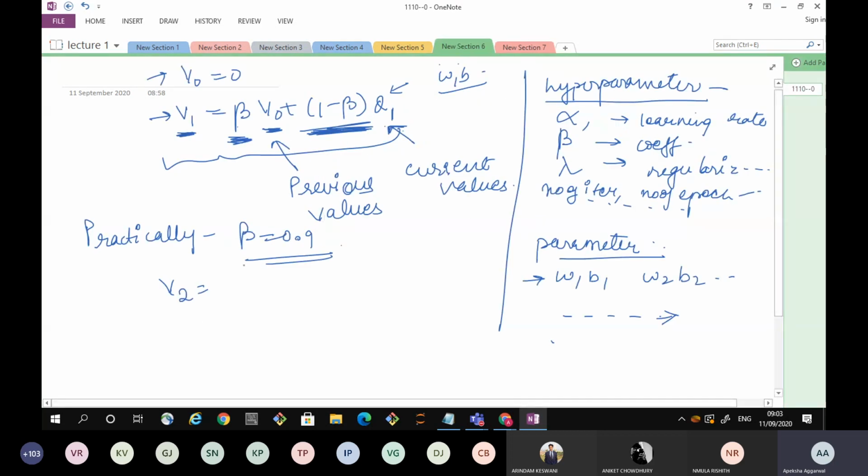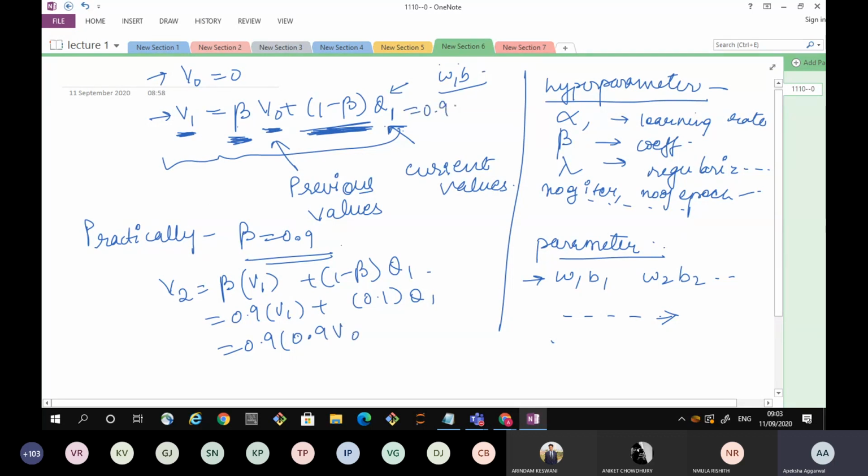Okay. So for V2, it would be beta V1 plus 1 minus beta theta 2. So if I am keeping beta at 0.9, it would be 0.9 V1 plus 0.1 theta 2, and V1 we know is 0.9 V naught plus 0.1 theta 1.